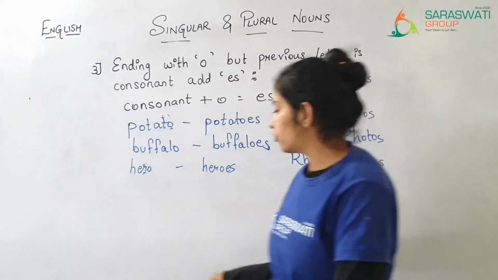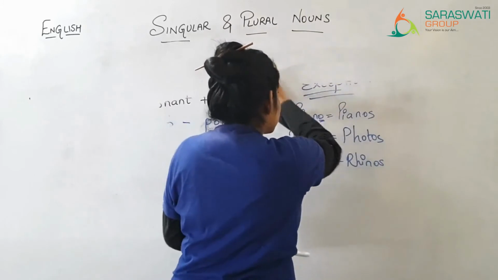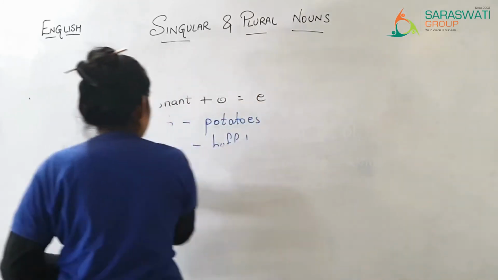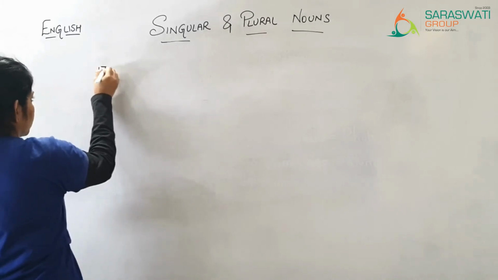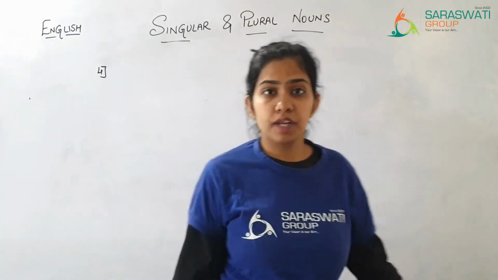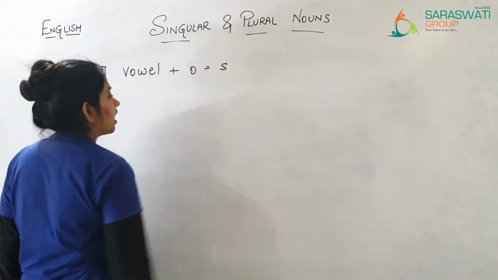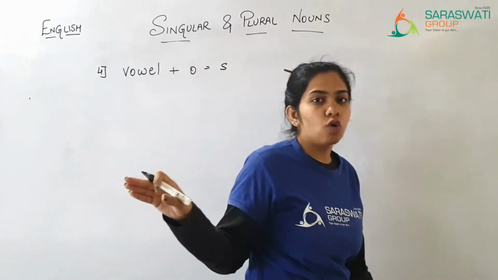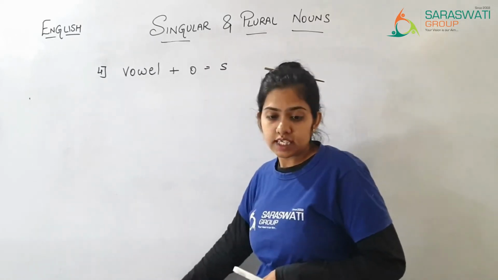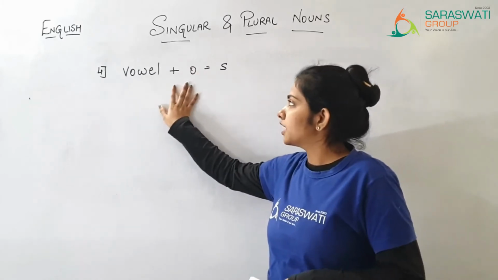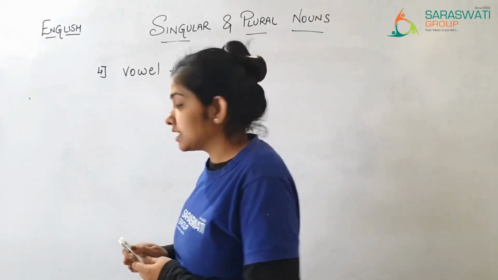Now, let us see our rule number 4. Rule number 4 is vowel plus O equals to S. हमारा जो थर्ड रूल था वहां पे कॉन्सोनेंट प्लस ओ इक्वल्स टू ES था, यहाँ पे vowel प्लस O इक्वल्स टू S, राइट? यानी कि अगर कोई भी लेटर O से एंड होता है बट द प्रीवियस लेटर इज vowel AEIOU, then you will add only S. It is radio.